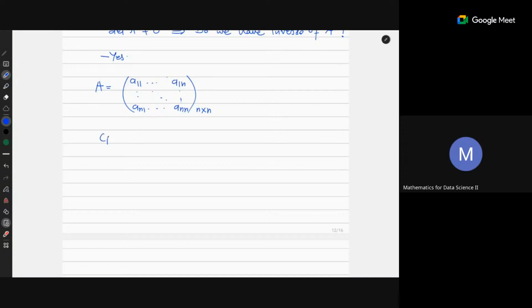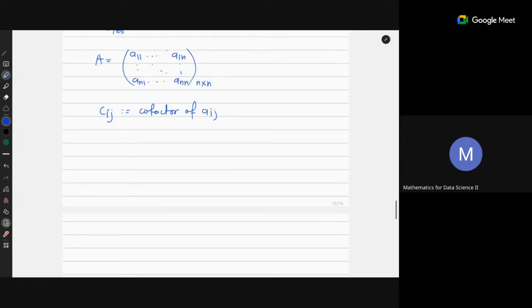Cij denotes the cofactor of Aij, and it is defined as -1 to the power i plus j times the minor of Aij. And how do we calculate the minor? It is the determinant obtained by removing the ith row and jth column. So we already know all these things.